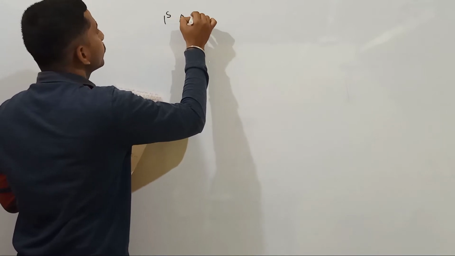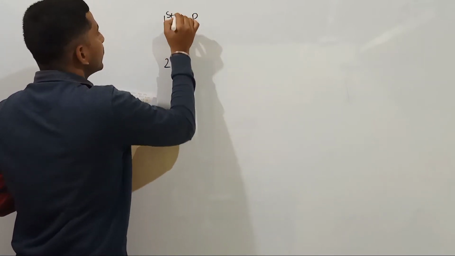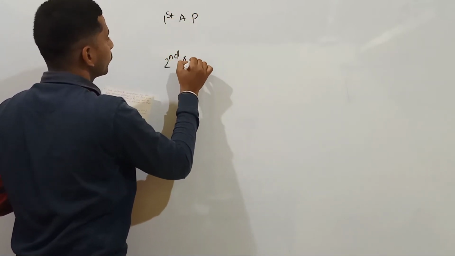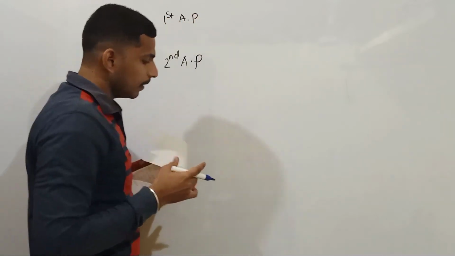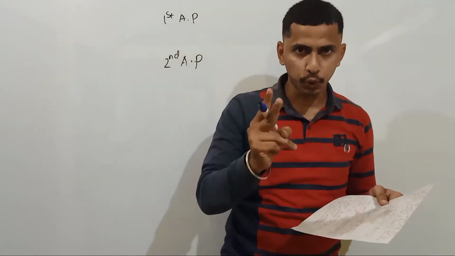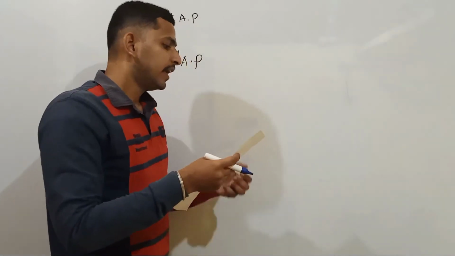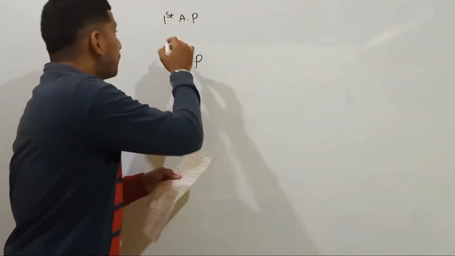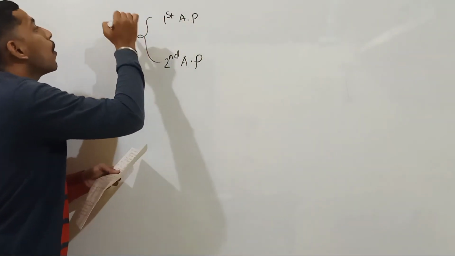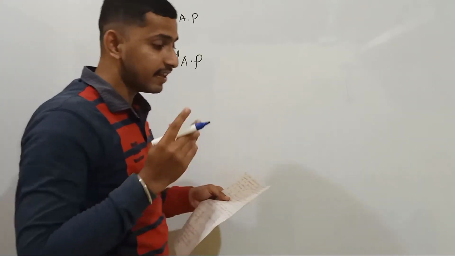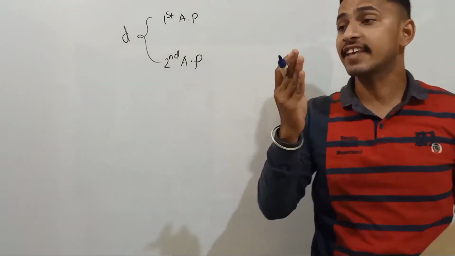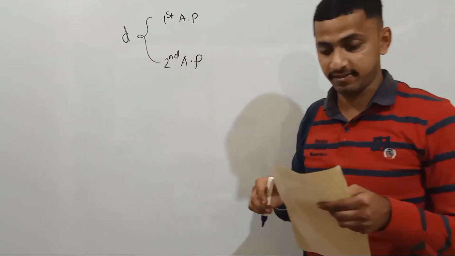First AP and second AP. Please don't get confused. We are given two APs. It is said that both the APs have the same common difference. It means the common difference value is the same for both the APs.